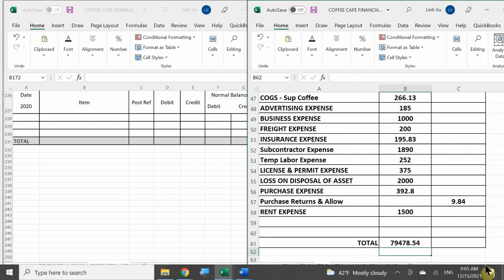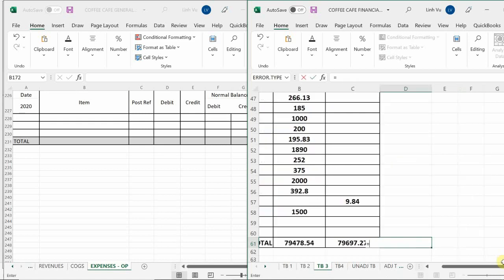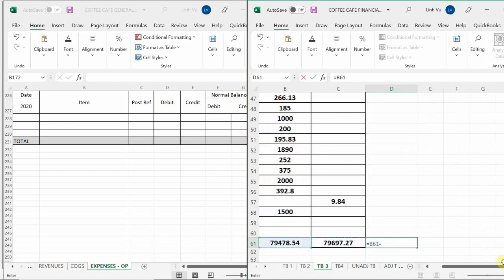So I have a total of $79,478.54 on the right. I mean on the left. And whoa, I have a discrepancy. So let me go ahead and figure this out. So I'm off by $218.73. Oh my gosh, what did I miss?